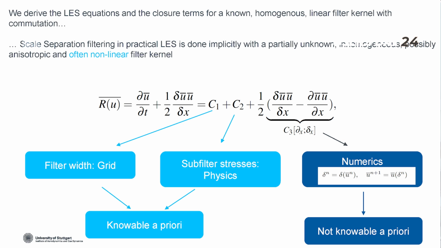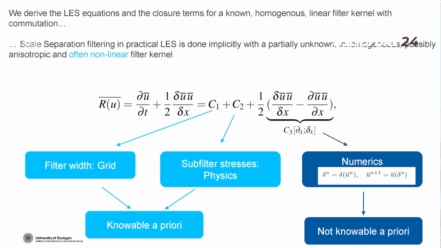And this is essentially a function of my numerical scheme. And my numerical scheme being high order, accurate, and nonlinear means that I have a problem where I need to model something that is not knowable a priori. So that means I cannot formulate some form of supervised learning because I don't know a priori what the target that I should be modeling is.